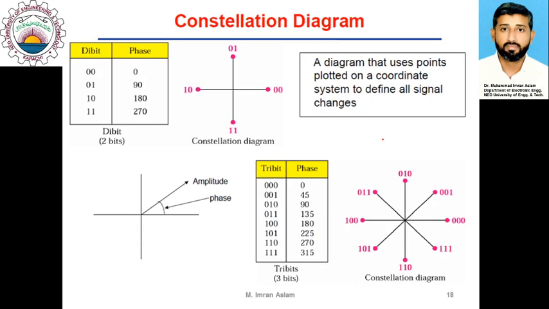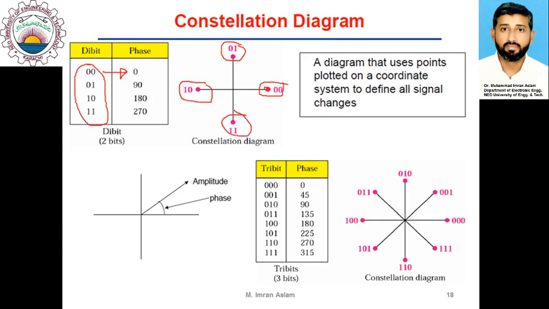This is a constellation diagram or vector diagram to represent a QPSK system. You can see here we have different symbols, and these symbols are represented by different phases. So a phase of 0 corresponds to the bit sequence 00. A phase of 90 degrees corresponds to the bit sequence 01, and so on.